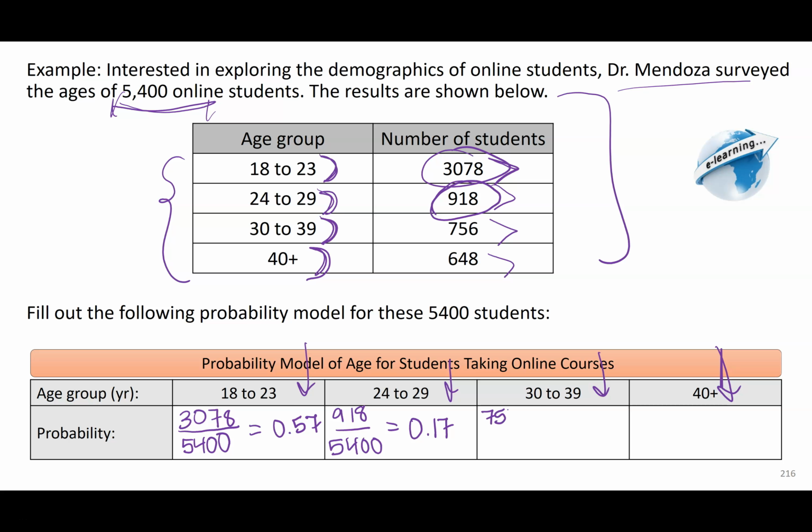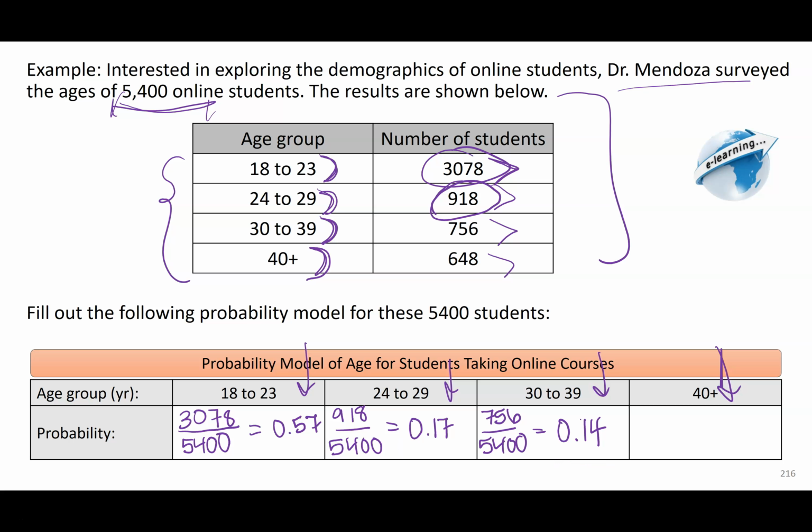So then we have 756 out of the 5,400 that are 30 to 39. It's about 14% or 0.14. So these are all between 0 and 1 so far, right? Can't have negative, can't have above 1.